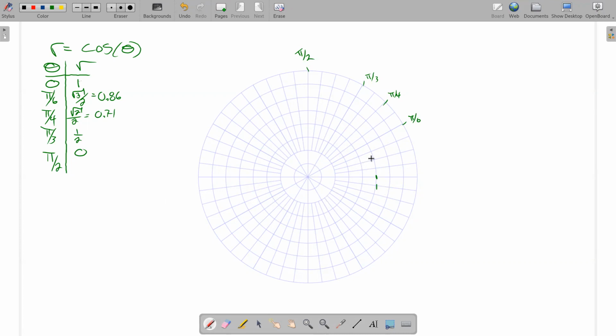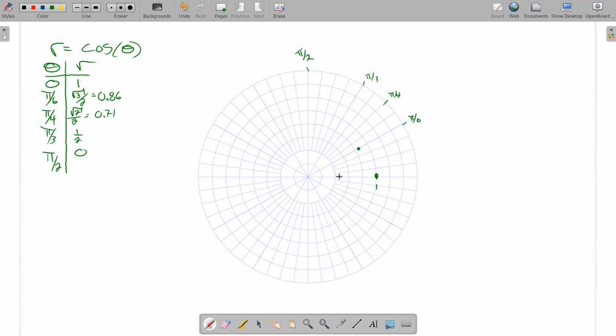All right, so I'm starting off with the point 0, 1. And then at pi over 6, I get about 0.86. So here's 0.8, 0.9 is right there. So 0.86 is right in between here. So maybe around there is that point. And then at pi over 4, so this line coming out, we're at about 0.7.